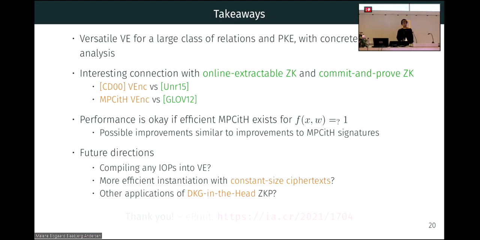But if you can apply a similar idea to essentially any interactive oracle proof type systems and achieve verifiable encryption, that's interesting. And then we are also interested in achieving constant ciphertext size. And finally, there might be some interesting applications of the DKG-in-the-Head protocol.